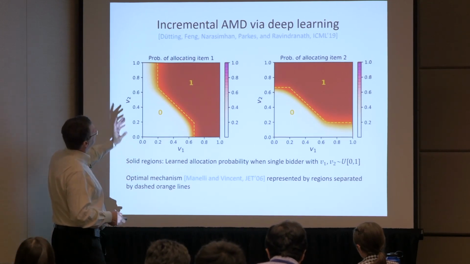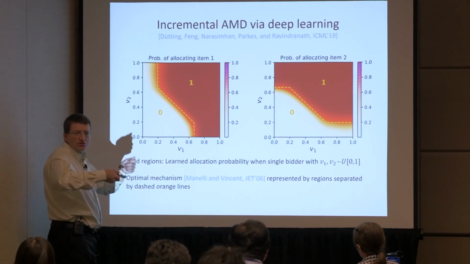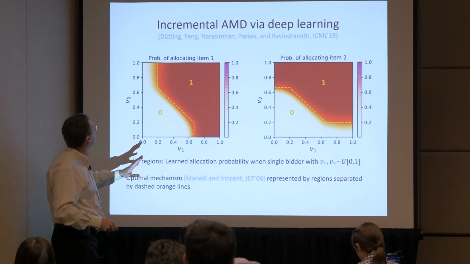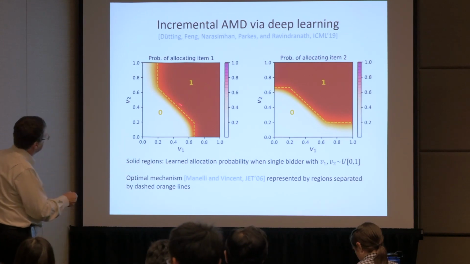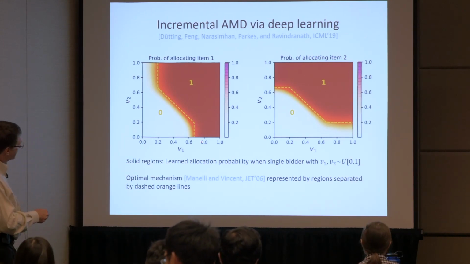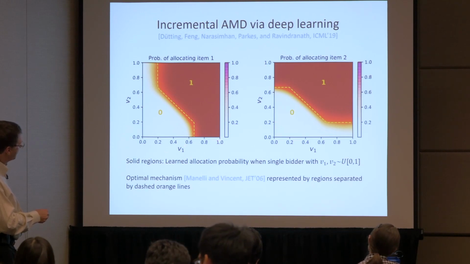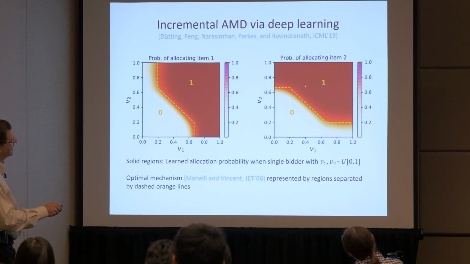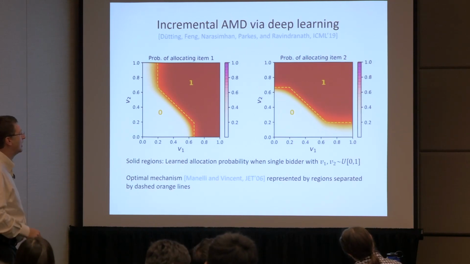You have 2 items for sale, 1 bidder, both valuations are drawn uniformly from 0 to 1, no complementarity or substitutability. The optimal mechanism has these types of allocation boundaries, where on the x-axis we have the bid for item 1, the y-axis is the bid for item 2 from that bidder, and this is the probability of allocating item 1, red is allocate, white is not. This is the probability of allocating item 2, red is allocate, white is not.